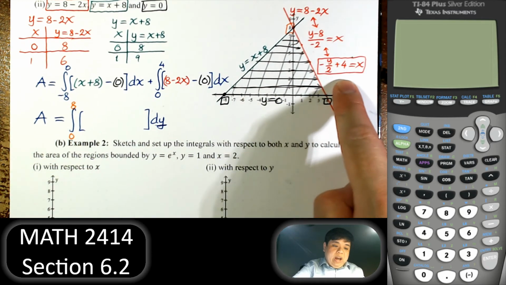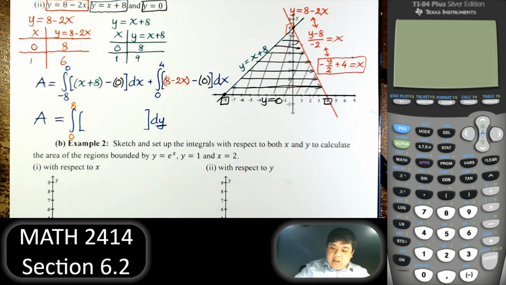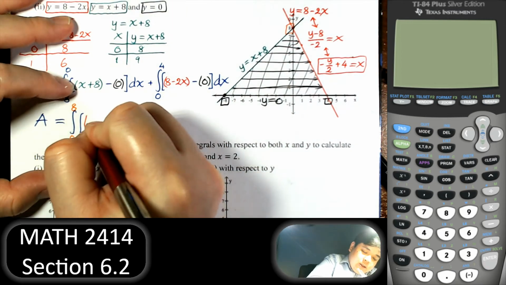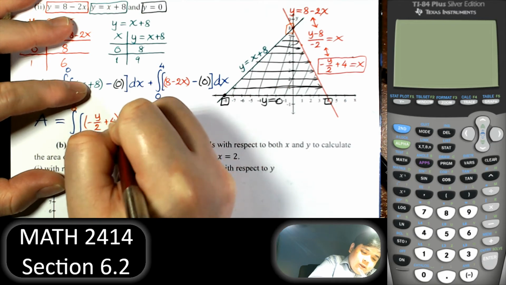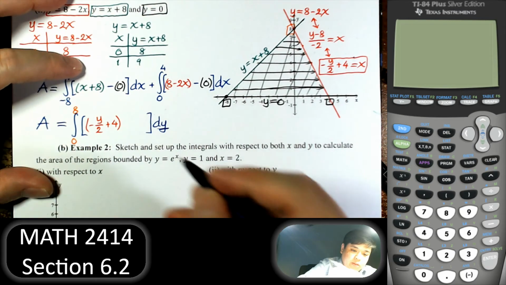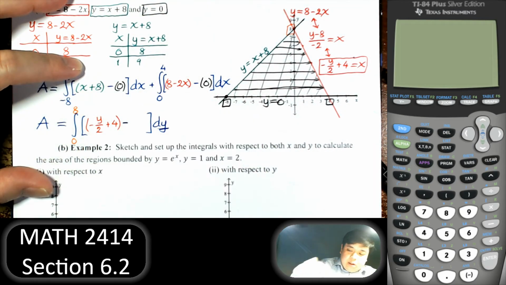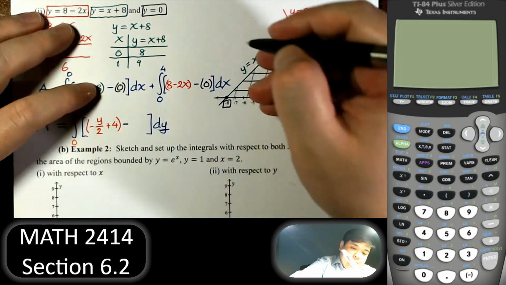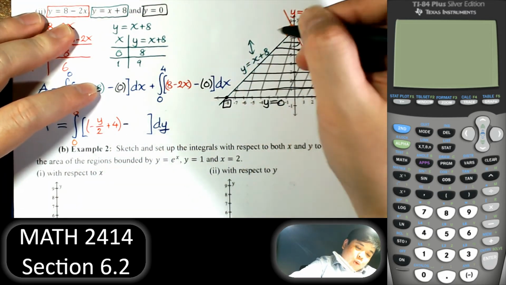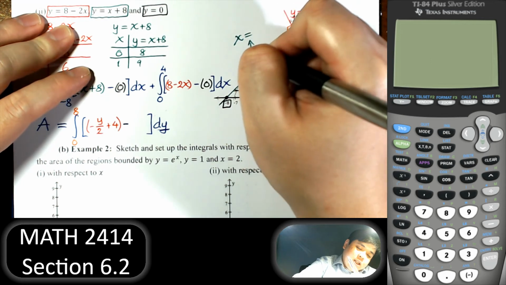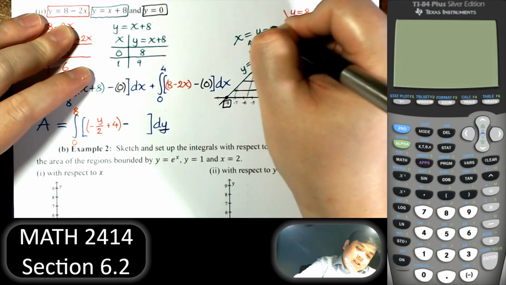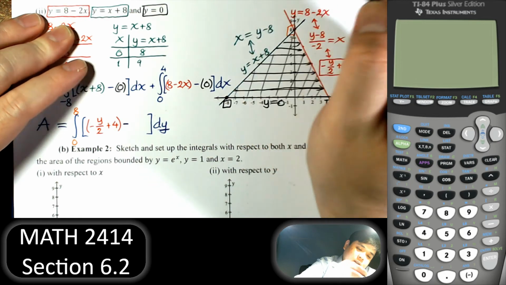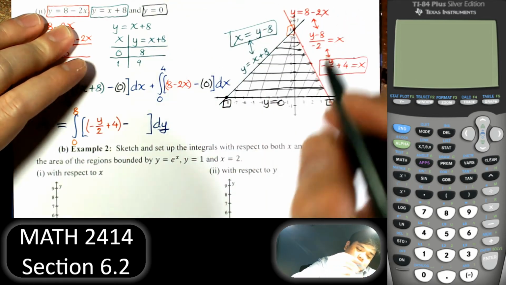So we have to use that function on the right. And then this function, if we want to solve for it, x equal to y minus 8. And we're going to use this function on the left.